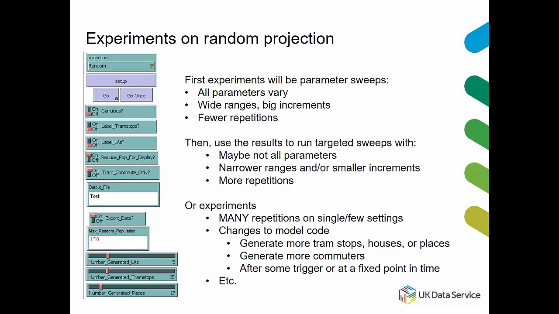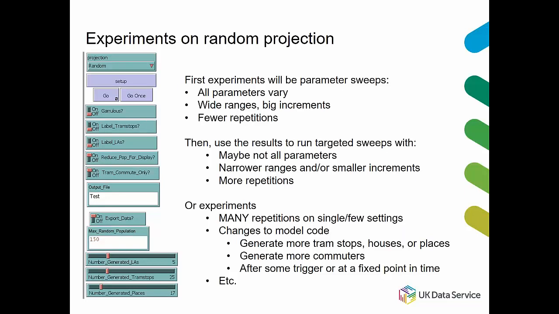You might also go back and change your model code. So, maybe you might say, rather than a static network that commuters use to get back and forth over time, maybe you want a dynamic network. Maybe, if a tram stop is just too busy, you want to generate a new tram stop that's nearby and that's connected to other tram stops so that people can make choices about which tram stops they go through to get to their destination.